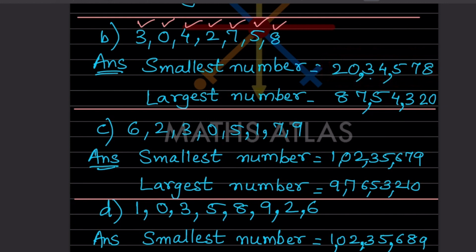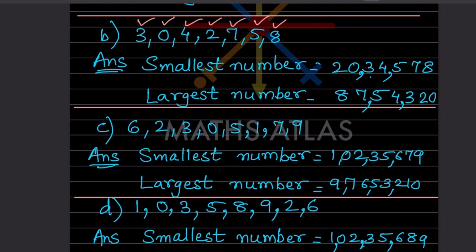So now let us see the largest number. As I told you, you can go in the reverse way, but here we have 0. So we cannot go directly for all the digits in the reverse way, but we can stop till here. So this all we are going to write the same.